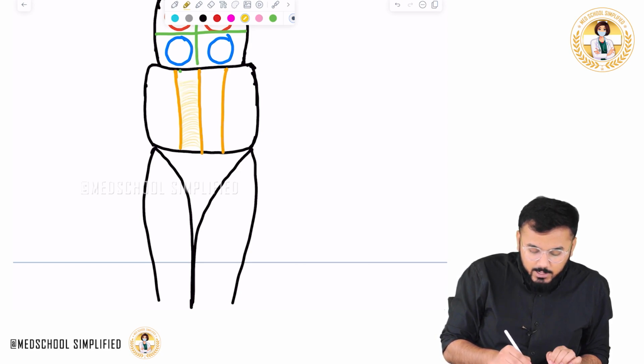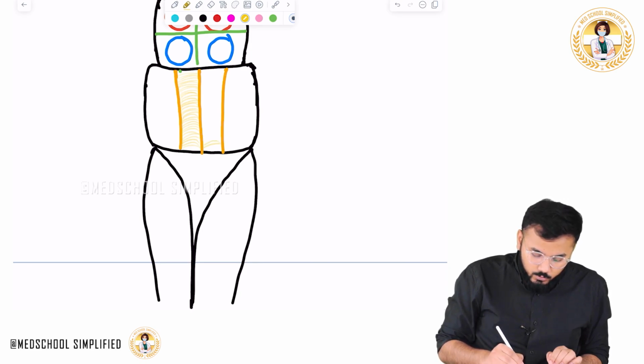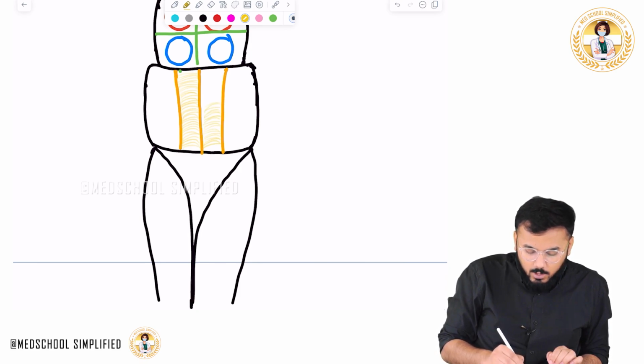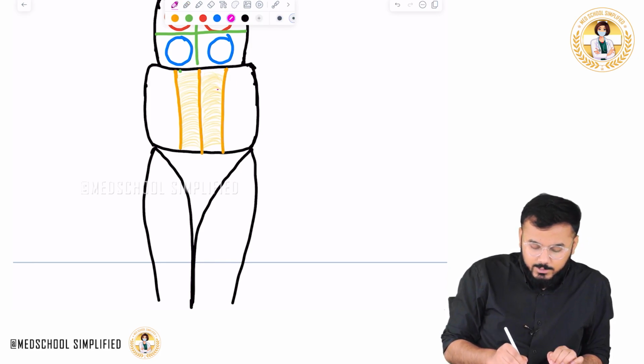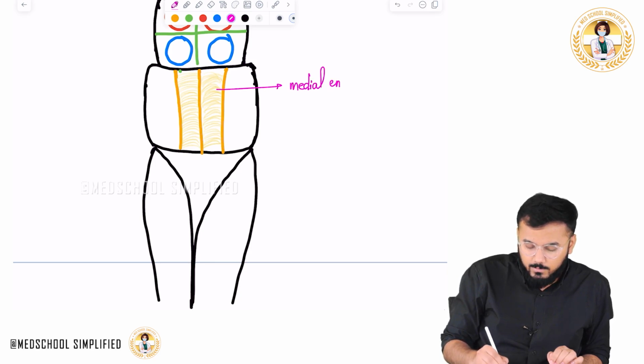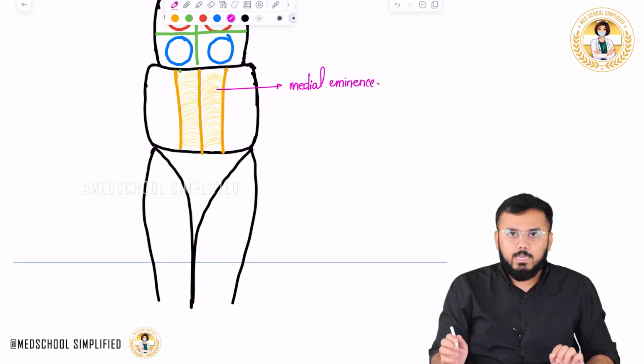They are in the form of a bundle or a swelling, right? So what is this particular swelling which you can see? There are 2 longitudinal swellings, right? So these longitudinal swellings are called eminence. So what eminence should these be called? They are present in the center, so you call them medial eminence. So these 2 structures over here are called medial eminence.